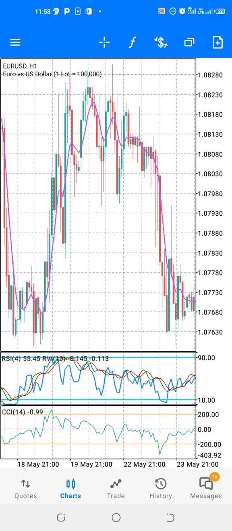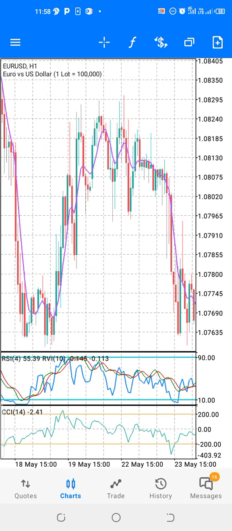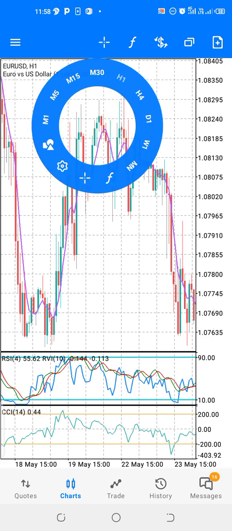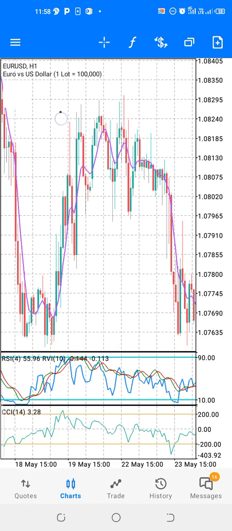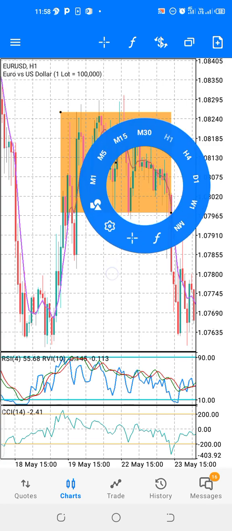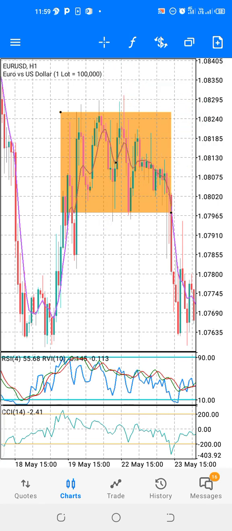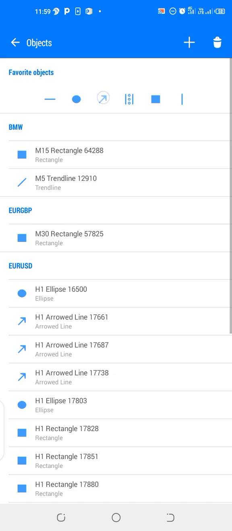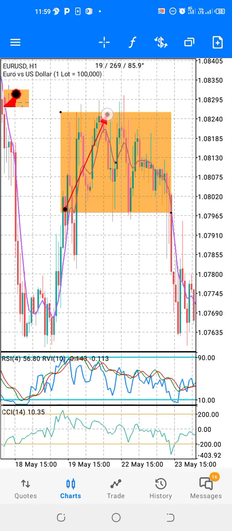A ranging trade, for example, here, this is a ranging trade, because you realize that it goes up, then it goes down again, it goes up, then after reaching this area it goes down to this area, it goes up again here, it moves down here.